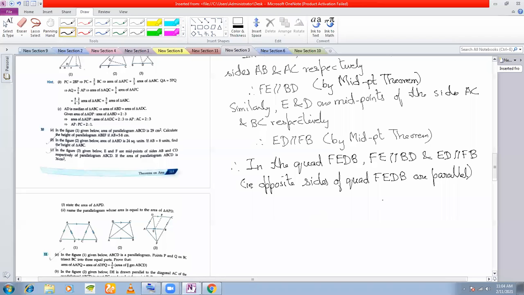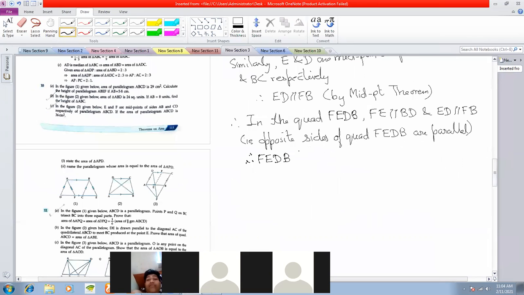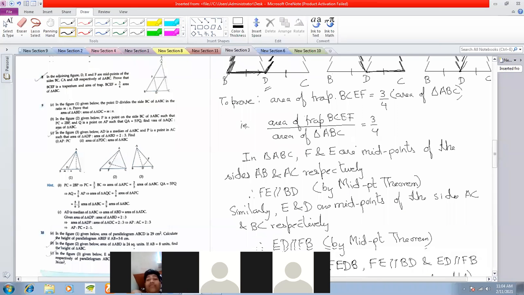If the opposite sides of a quadrilateral are parallel, what do you say? That FEDB must be a parallelogram. Therefore, FEDB is a parallelogram. Okay, so we have shown that this is a parallelogram.